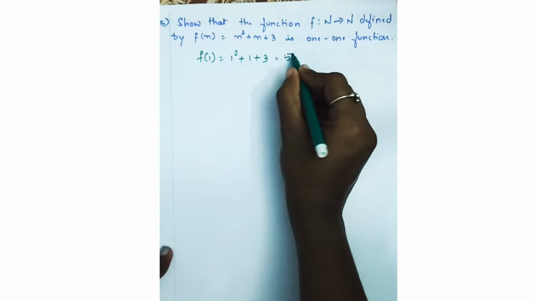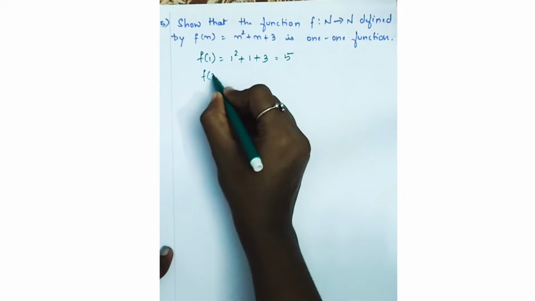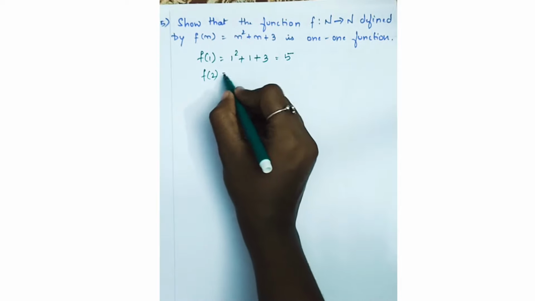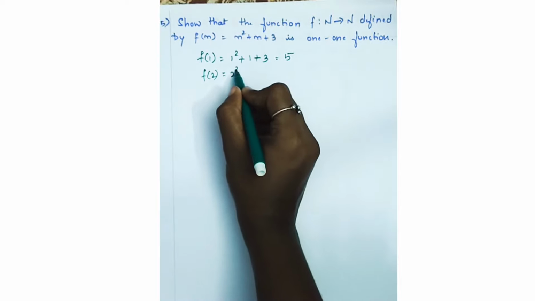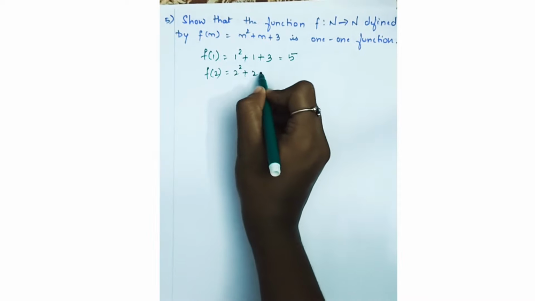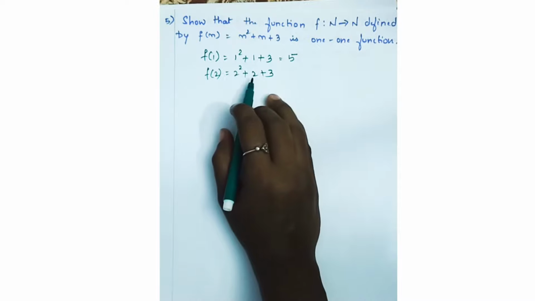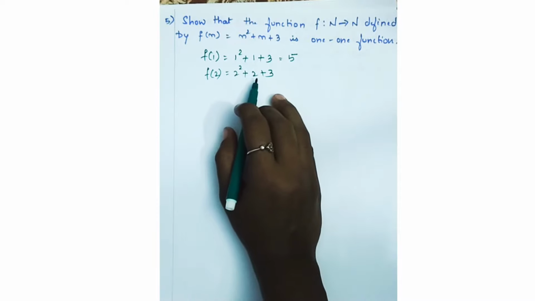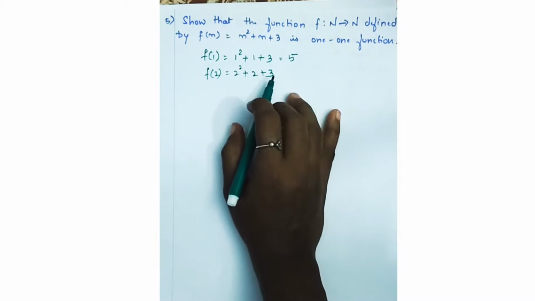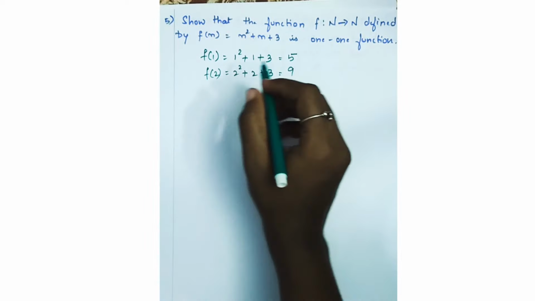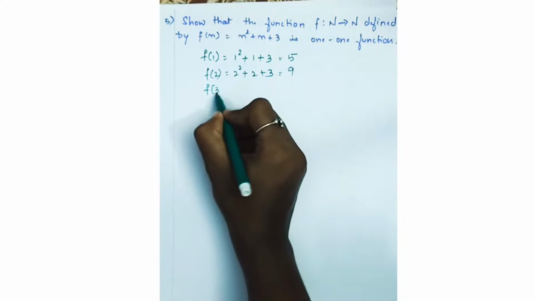Next f of 2: 2 square plus 2 plus 3. 2 square is 4, 4 plus 2 is 6, 6 plus 3 is 9. Next, f of 3.